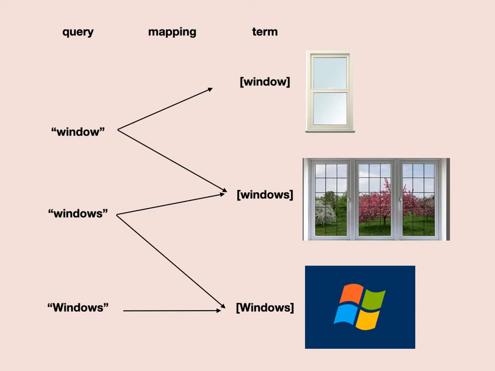We wouldn't necessarily want to collapse that to the same term as lowercase windows, and certainly not to just window. They know that the name of the operating system is Windows. And if they're capitalizing it, that might be important. So, these are what's known as asymmetrical equivalence classes.